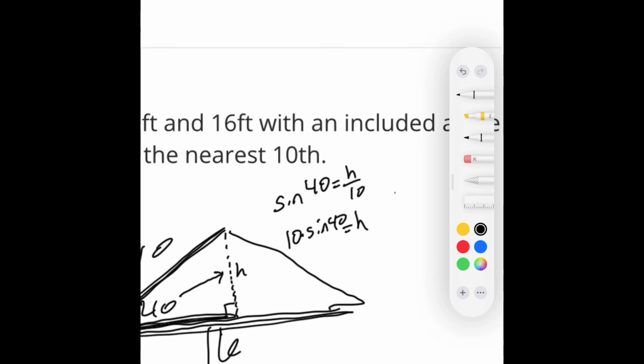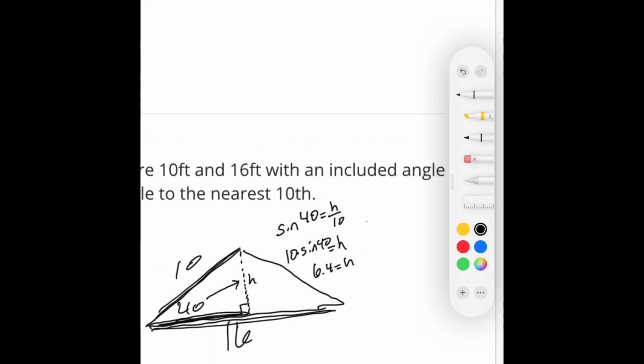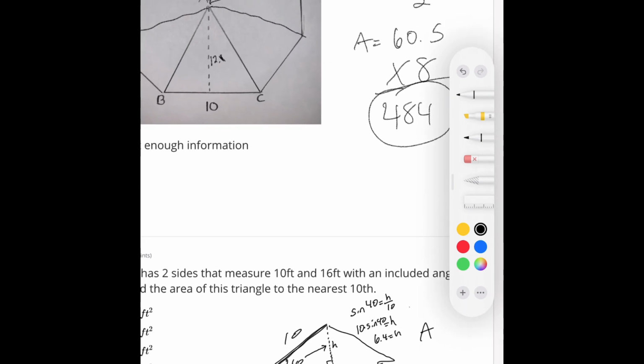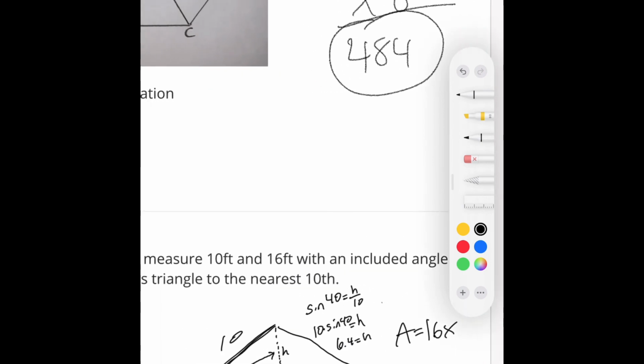Let's do that in the calculator. Okay, I get 6.4 for my height. Okay, so for the whole triangle, the area is my base, 16, times my height of 6.4, divided by 2. So 16 times 6.4 divided by 2 is 51.2 for the area of my triangle.